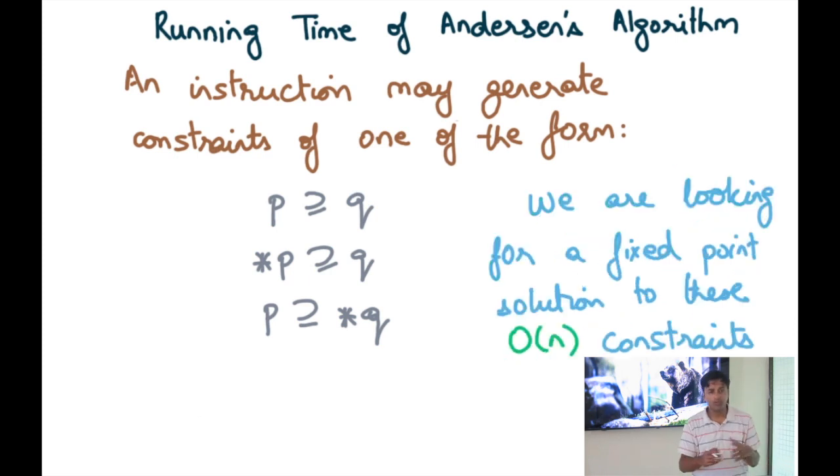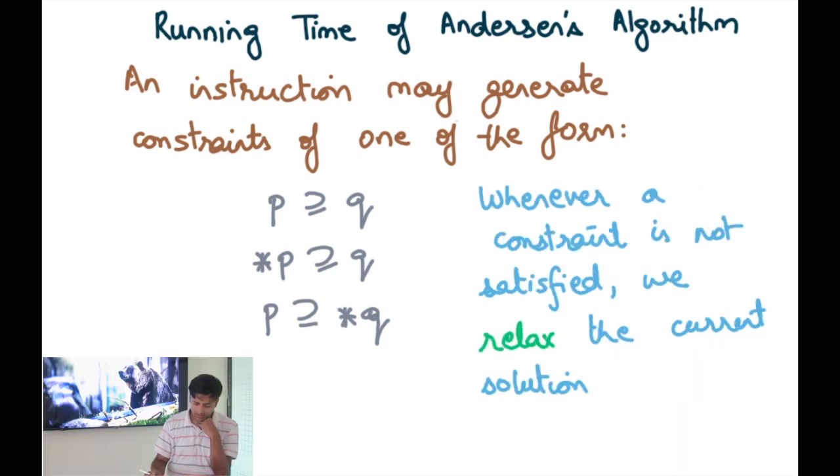Andersen's algorithm involves identifying a fixed point solution for these order n constraints of these types. Whenever a constraint is not satisfied, we relax the current solution. For example, if I'm doing a flow insensitive analysis and I look at the copy statement, then I check whether this constraint is already satisfied or not.